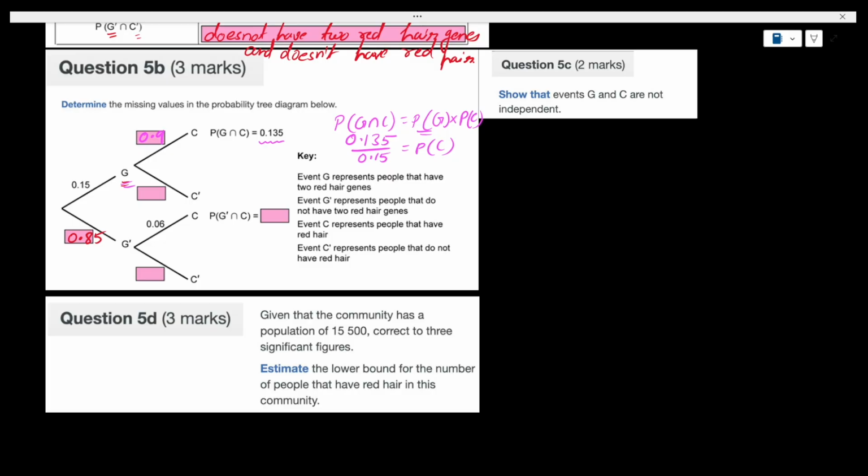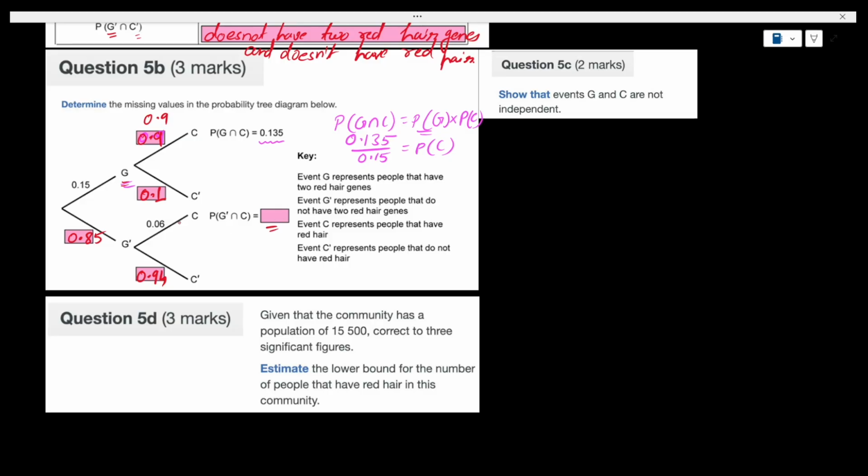Now if the probability is 0.9, then this will be 0.1, because not having red hair, the sum of both is going to be 1. Similarly here, it's already given 0.06 having red hair but not having two red hair genes, and here it will be 0.94. So you are just filling the missing probability.